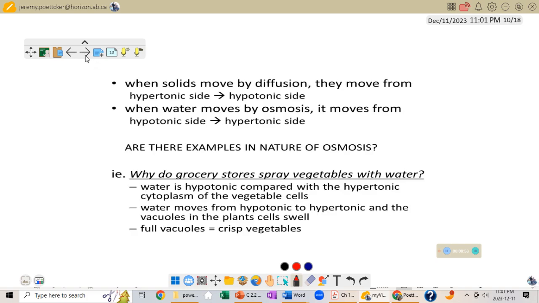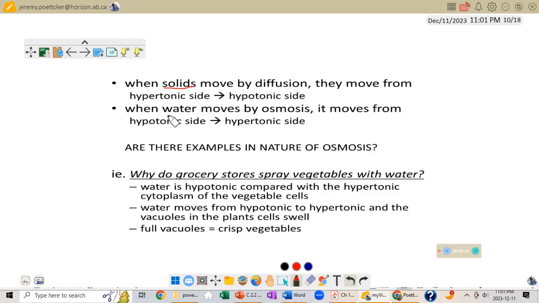But if water is the only thing that can move across the membrane, it's going to look different and sometimes be a little bit confusing. When solids or dissolved stuff move by diffusion, they move from the hypertonic, where there's more of them, to the hypotonic, where there's less of them.